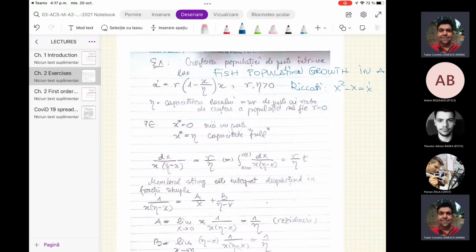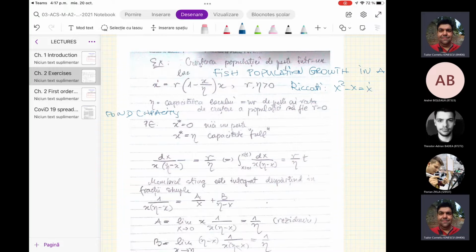We have here some coefficients, R and eta. Okay. Eta is the pond capacity. Okay. Capacity of the pond. Whereas R is the growth rate.